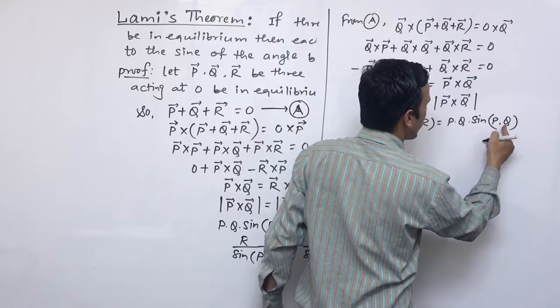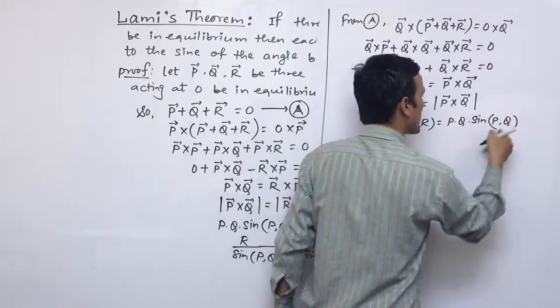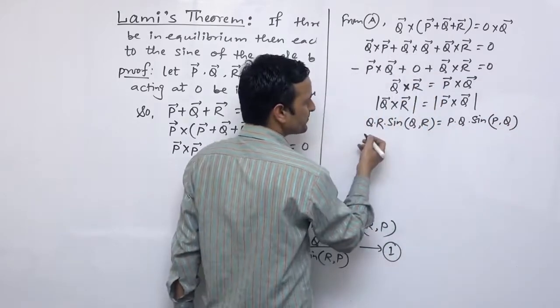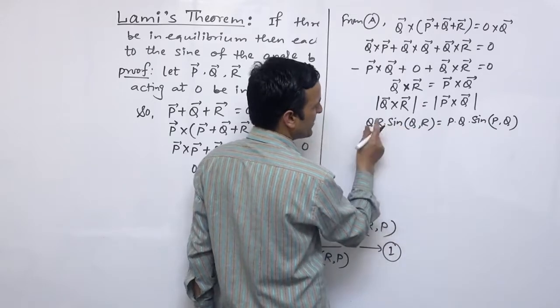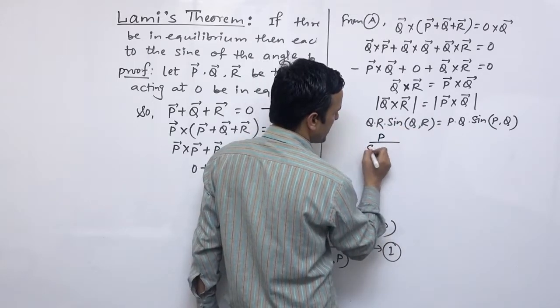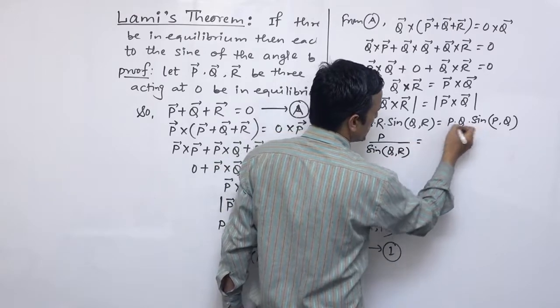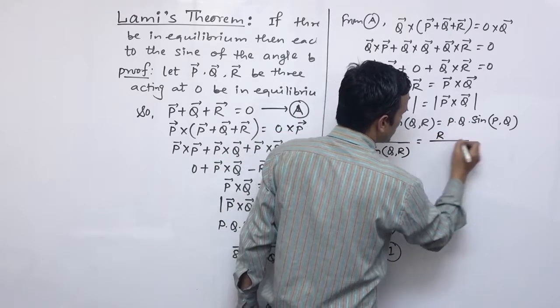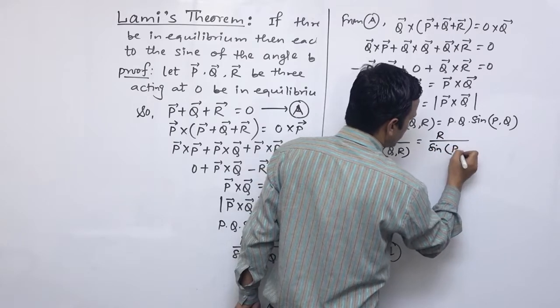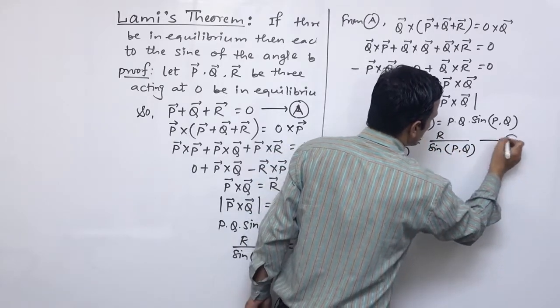And sine of angle between them, the angle between P and Q comes, that is what we write as P and Q. Now dividing by PQR, QR cancels, P upon sin QR is equal to PQR, PQ is gone, so R upon sin P upon Q, equation 2.